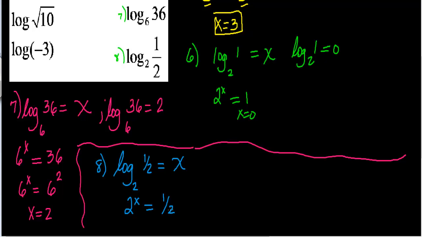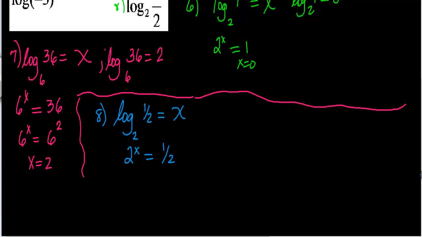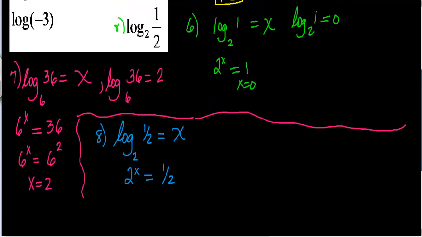And now the 2 is in the denominator. So let's think, how will I get 1/2 from having a 2? X must be a negative exponent, and it's -1. Okay, so x must be -1.